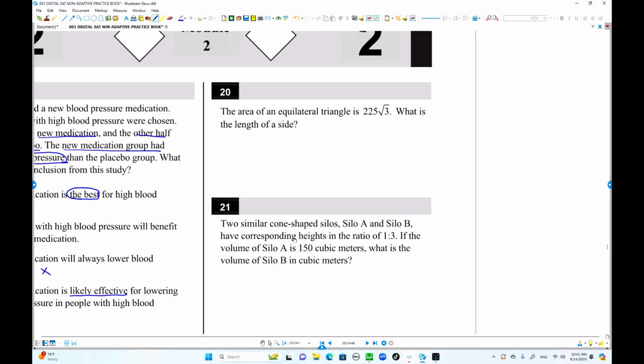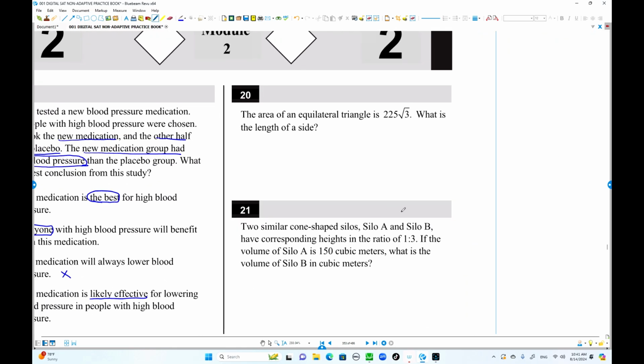Here's number 20. The area of an equilateral triangle is 225 square root 3. What is the length of the side? Equilateral triangle over here, side S. We already know the area of this triangle is S squared times square root 3 over 4. That's the formula, okay?